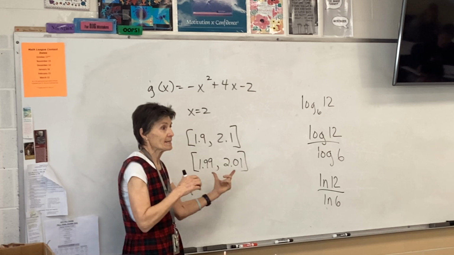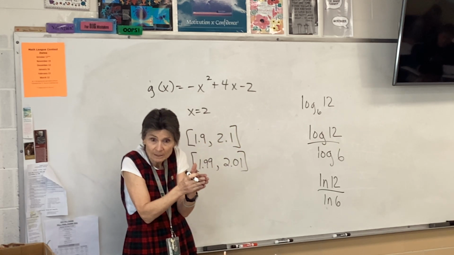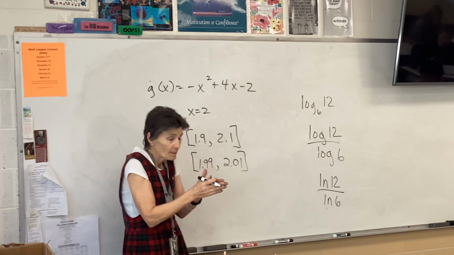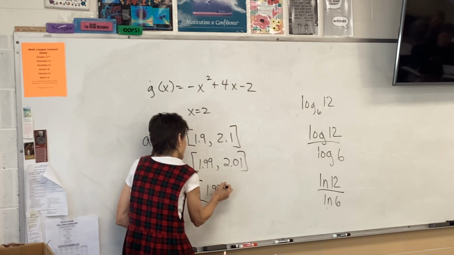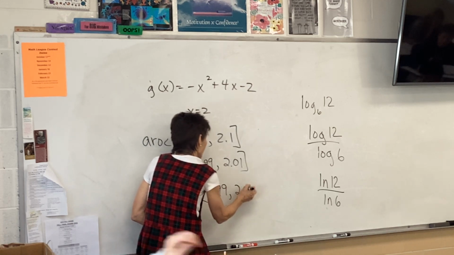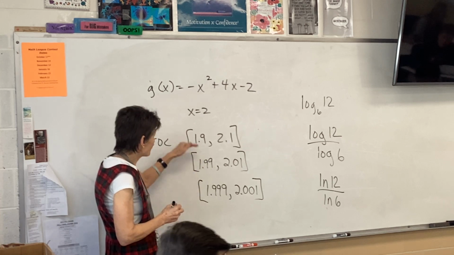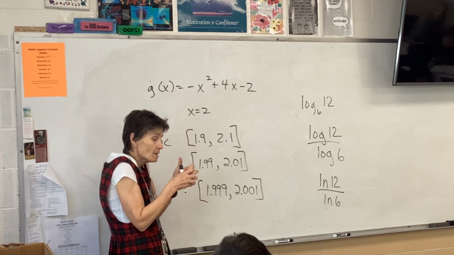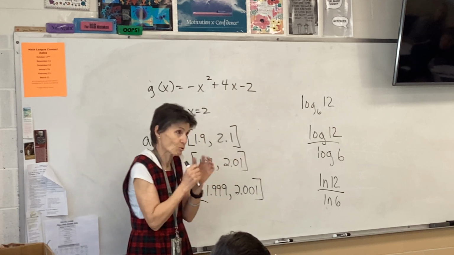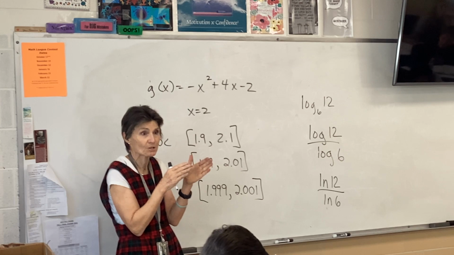So what I'm doing is I'm squeezing in on both sides of 2. So I could do the average rate of change 1.999, 2.001. And the closer I squeeze in on 2, the closer my average rate of change will be the actual rate of change at that point. Does that make sense to you?